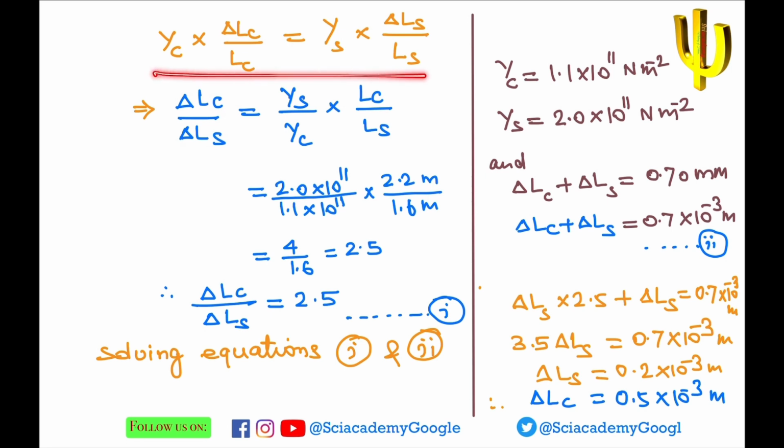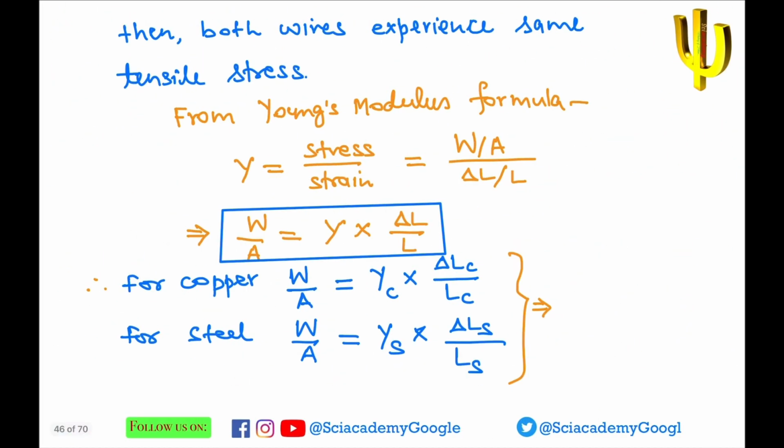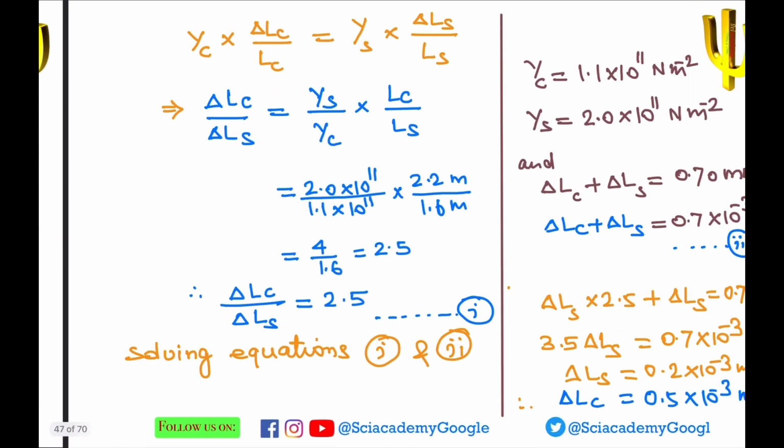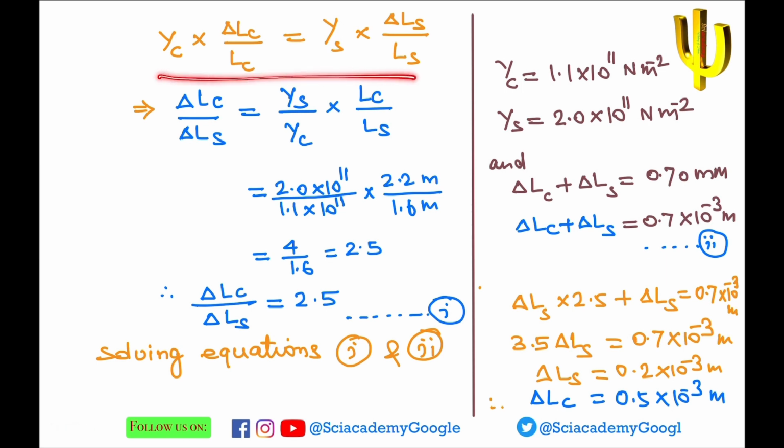I told you that stress in both the wires will be equal because they are connected end to end. Therefore, equating these two equations, we get the ratio of elongation in the two wires, delta LC by delta LS, equals YS by YC into LC by LS. So from here we can get this equation.